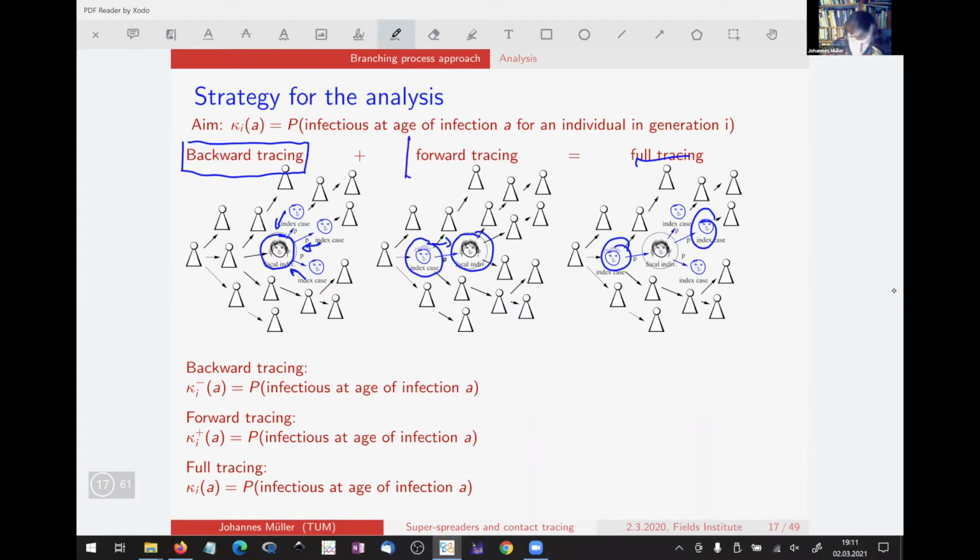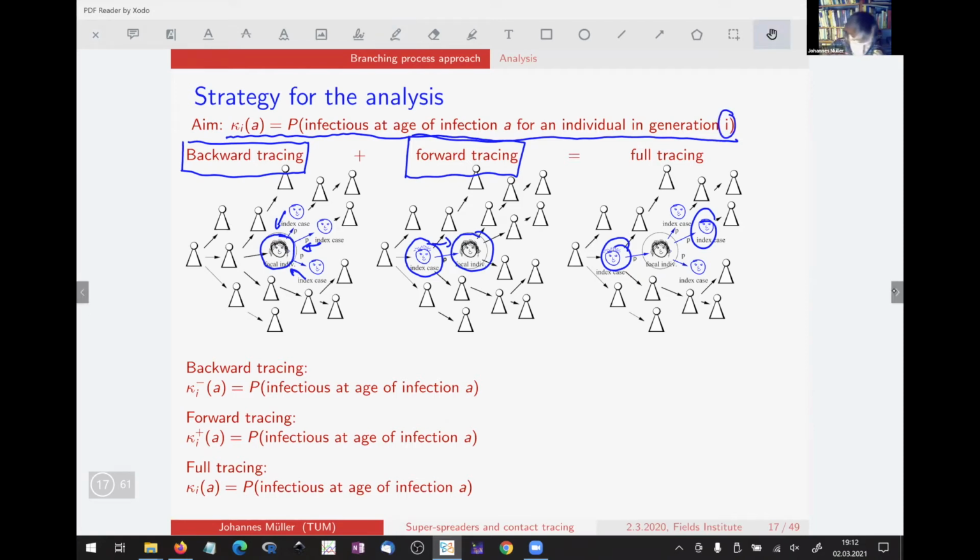Then we focus on forward tracing. We only go in forward direction with the tracing. And we will see that if we understand forward and backward tracing, then we can combine that quite easily to full tracing. How can we analyze the thing? We will always focus on the survival probability, so on the probability to be infectious at a certain age of infection, time since infection, and for an individual of a given generation, right?